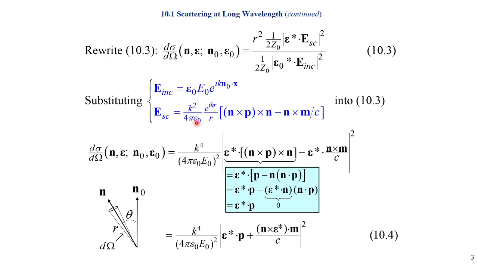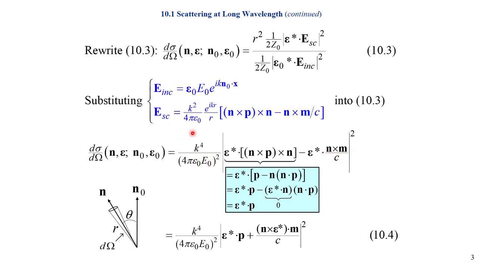And we have 4 pi epsilon 0 squared. So all we have is epsilon star dot n cross p cross n minus epsilon star dot n cross m over c.